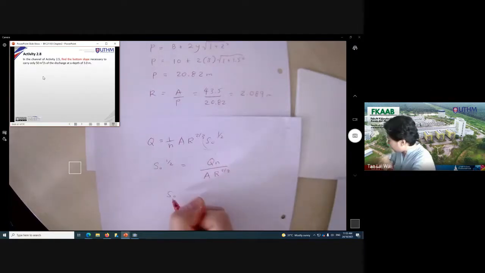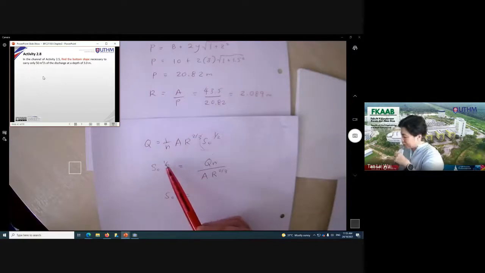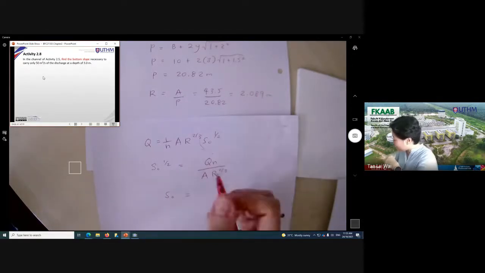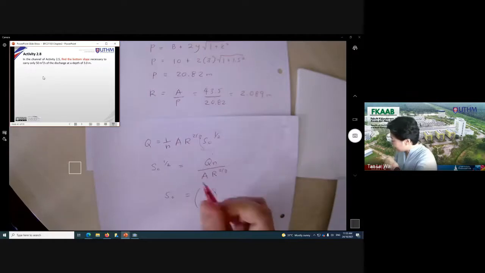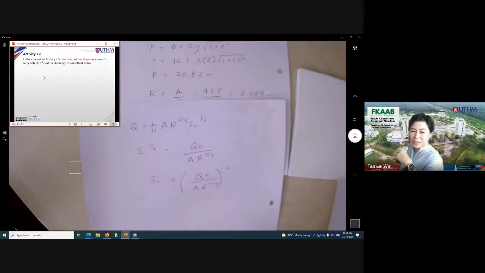so S0 is, now in order to get rid of this half power, right? So I need to raise it to the power of 2. So what I did is, since I cancel this out here, this is squared here.